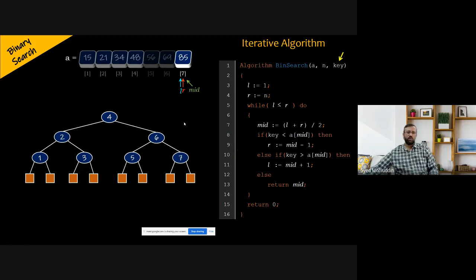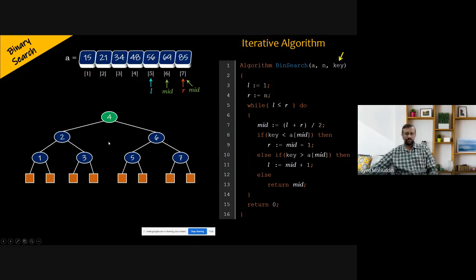So this is how we represent the entire computation of mid indexes using a binary tree. Now why is this computed as a binary tree? Because every time we are dividing by 2, and looking at the left half or the right half at every stage. So that is why divide by 2. That is what binary is.